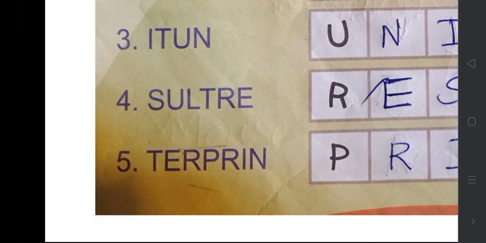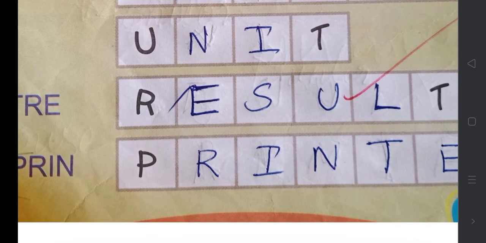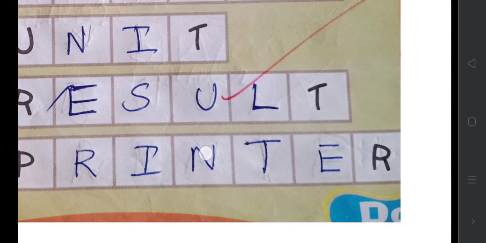Then see here, terpin. Is there any meaning? Is there any word like that in English? No, right? So what we have to do is bring these four letters, PRIN, to the front. Then this would become printer. See here, I have arranged it in a meaningful manner.